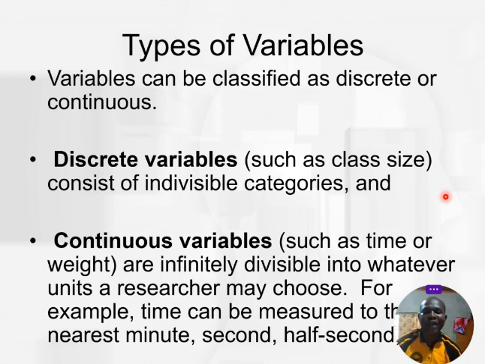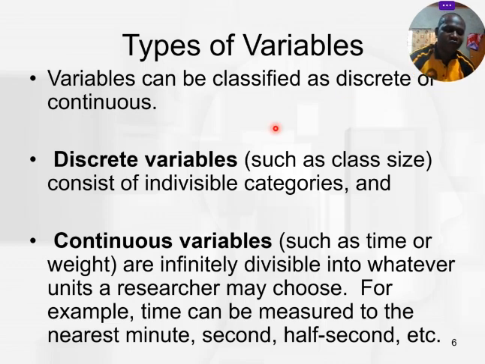These are indivisible categories. While continuous variables can take values between two whole numbers, like the height of an individual, which can be 5.4, 5.6, 6.7, as the case may be. Variables that can be measured to the nearest minute, nearest second, or nearest decimal fraction, we refer to as continuous variables.